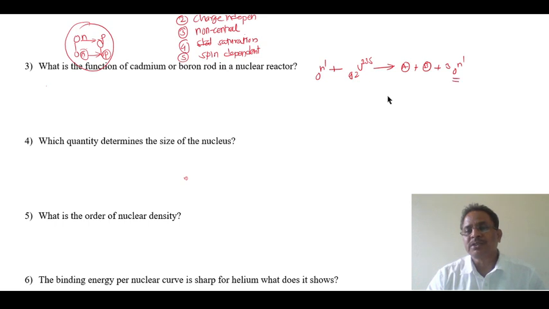Now these neutrons can carry out further fissions, and if we are not able to control the rate of the reaction, then the reaction may become an uncontrolled chain reaction, and that is the case of the atomic bomb. In a reactor, if this happens, it will explode immediately.